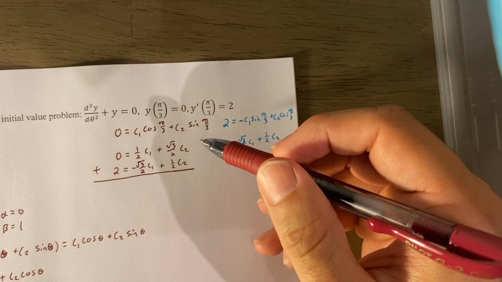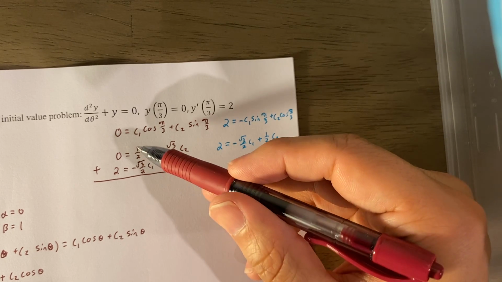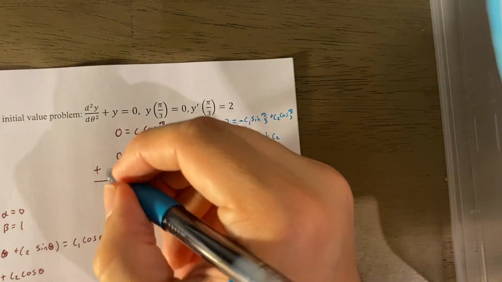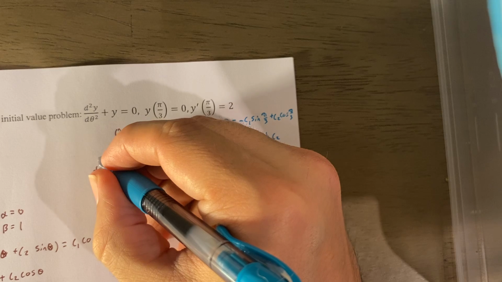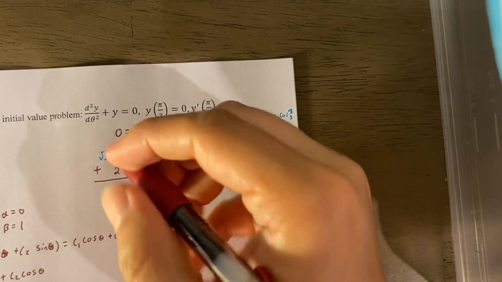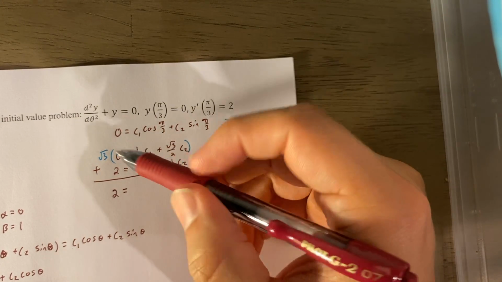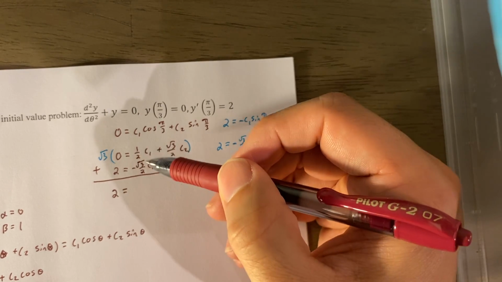The easiest thing to get rid of is going to be the c sub 1, because one's positive and one's negative, and all I would need to do is multiply the top part by the square root of 3. When I do that and add, I get 2 is equal to square root of 3 over 2 plus a negative square root of 3 over 2 c sub 1.